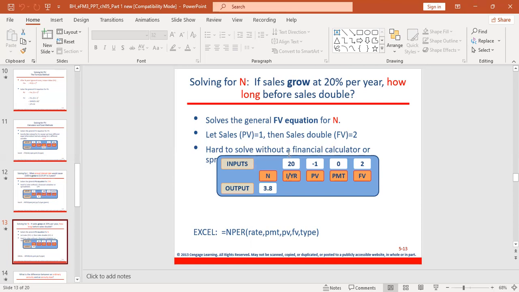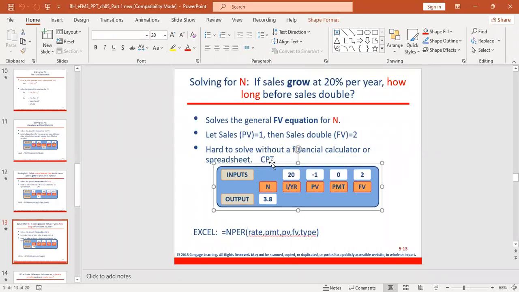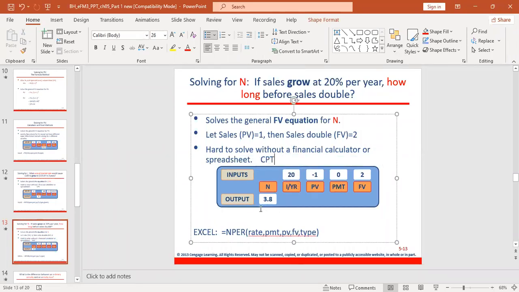Remember here, there is something that is missing. Okay, it's there, CPT. So you start from here. First of all, you press second function, yellow button, clear time value of money. Then you press 20, you press interest per year.